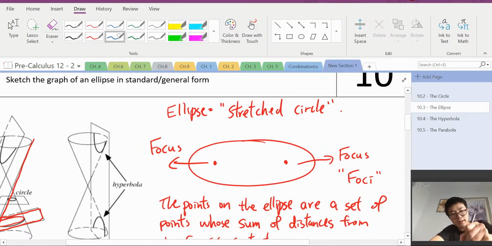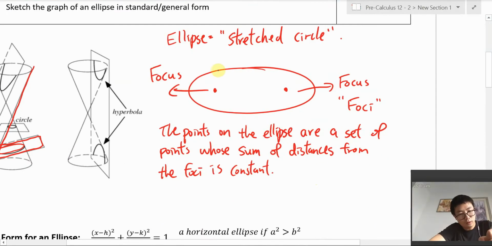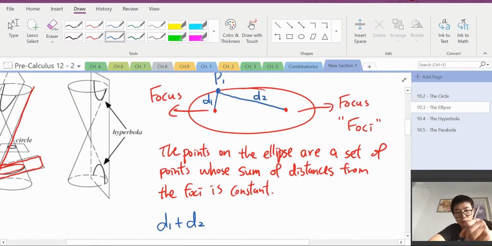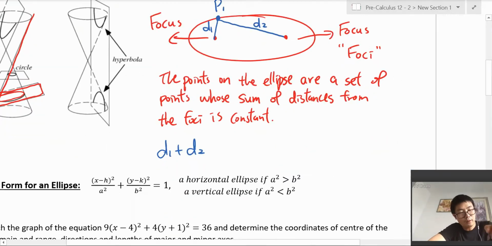So let's say I have a point on the ellipse. Here's a point. This is one of the points on the ellipse. I'm going to draw two straight lines from that point to the foci. There's my P1, and let me call these D1 and D2. Let me pick another point, let's say here.